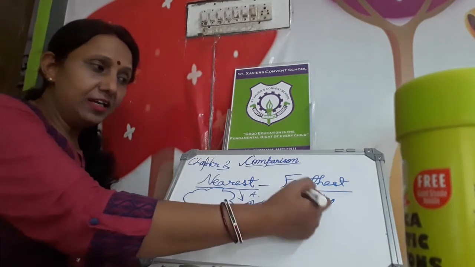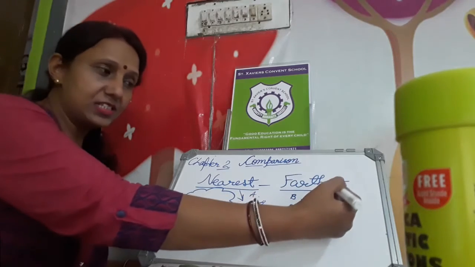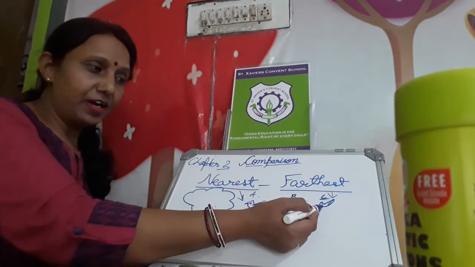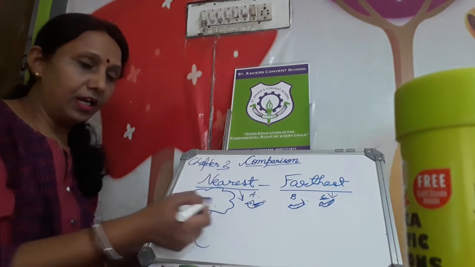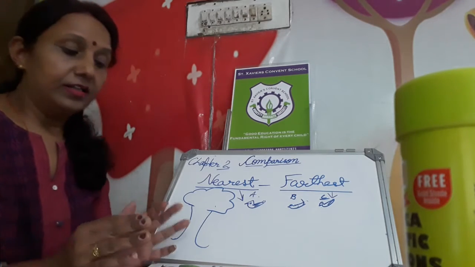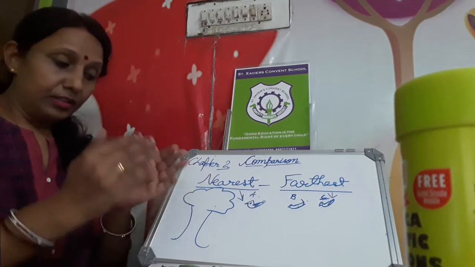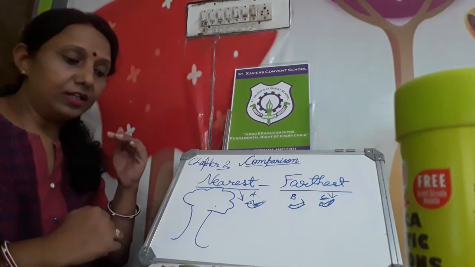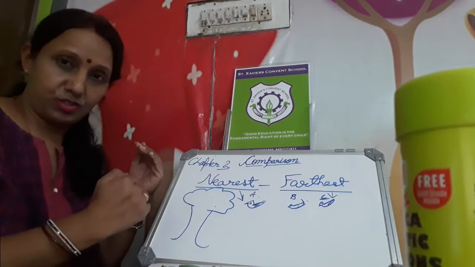And bird C has more distance, so that one is the farthest one. Bird C the farthest one and bird A the nearest to the tree. This way we can compare near and far. If you are near to your house, you are the nearest.